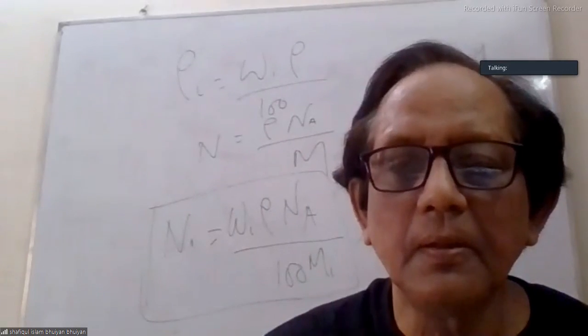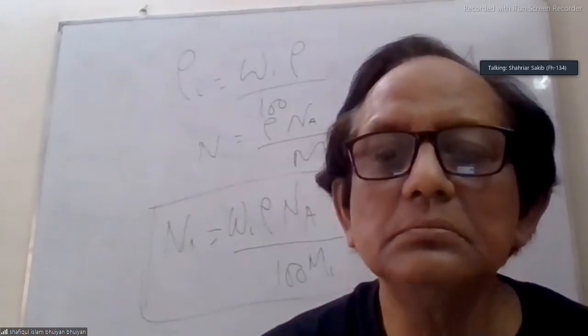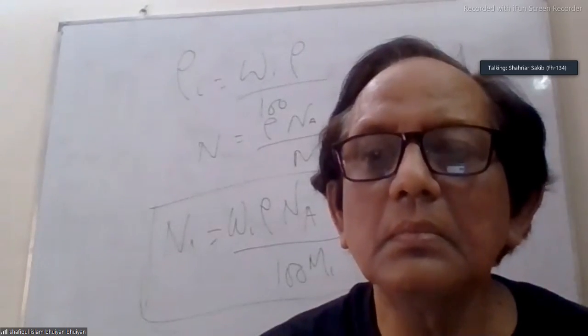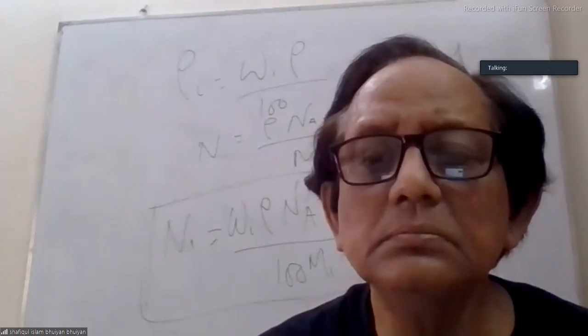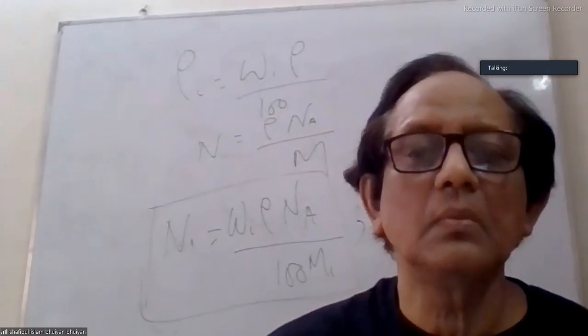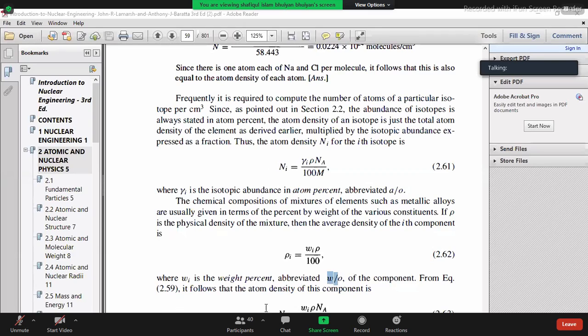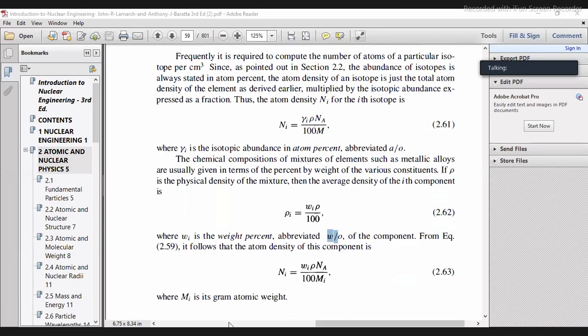Let me share screen. So the atom density, where Mi is the atomic weight, the atom density of the component is Ni.